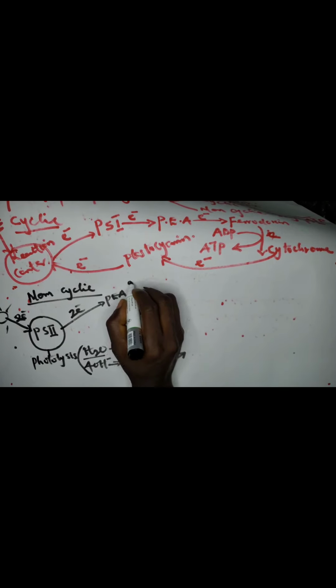Two electrons will also be passed to primary electron acceptor as usual. Then from there, it will pass down to plastoquinones, and from plastoquinones, it will be passed down to cytochrome complex, 2 electrons.